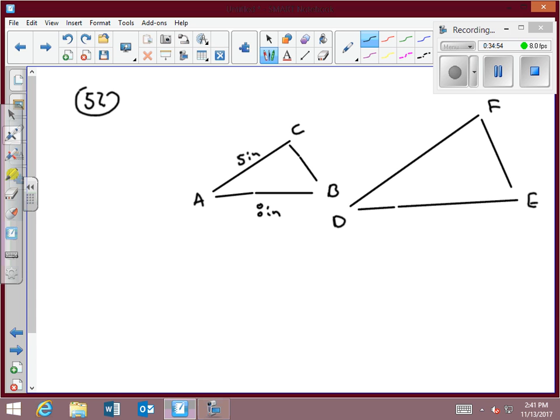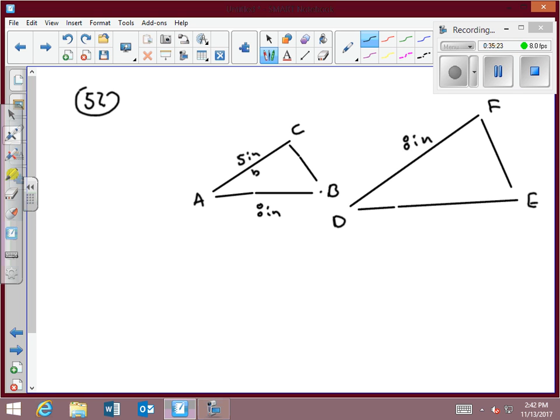Now, they're just assuming that you can see the sides that are proportional. This one is 8. Usually the side opposite a vertex is called small letter.